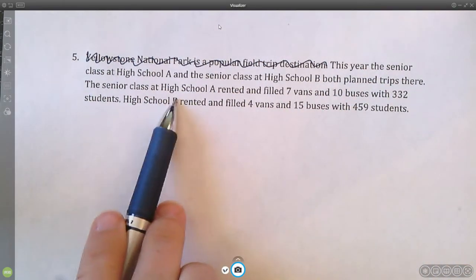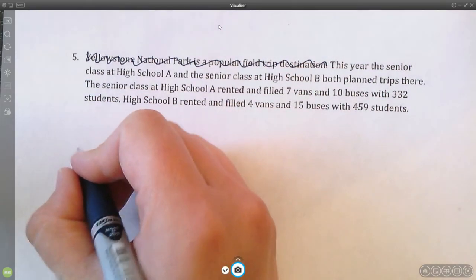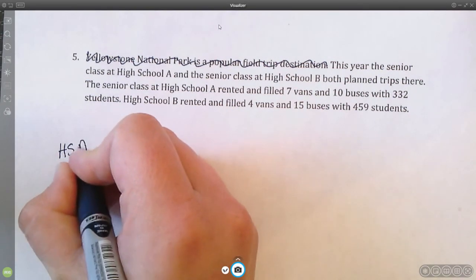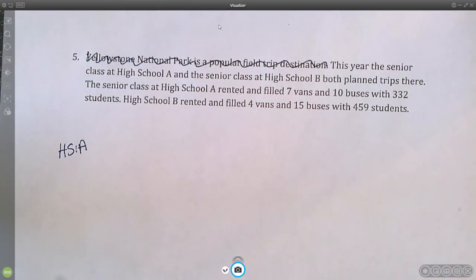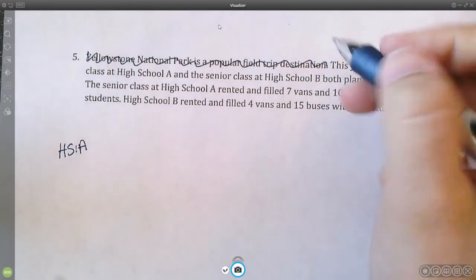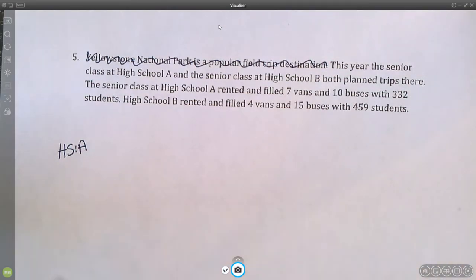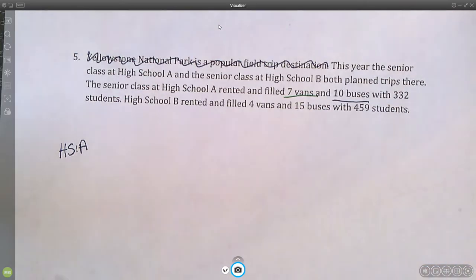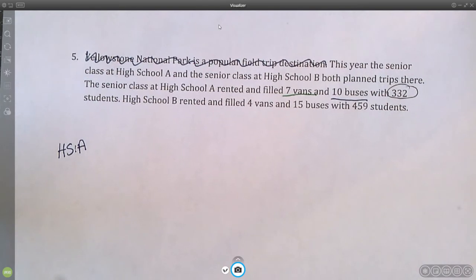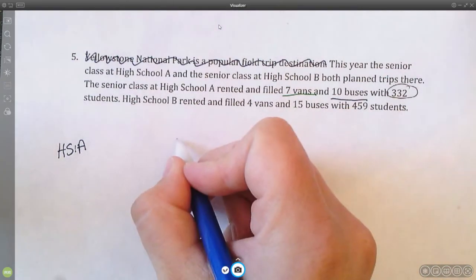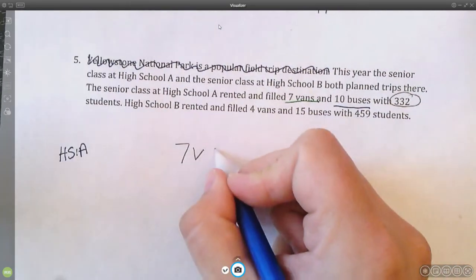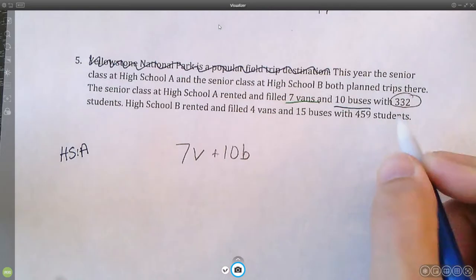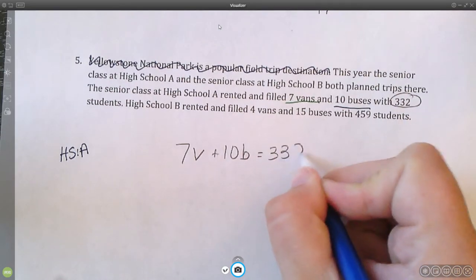Okay, so the senior class at high school A rented and filled 7 vans, so we have 7 vans and 10 buses with 332 students. I'm going to go ahead and write that equation now. So we have 7 vans, so I'm going to do 7V plus 10 buses, 10B equals 332.